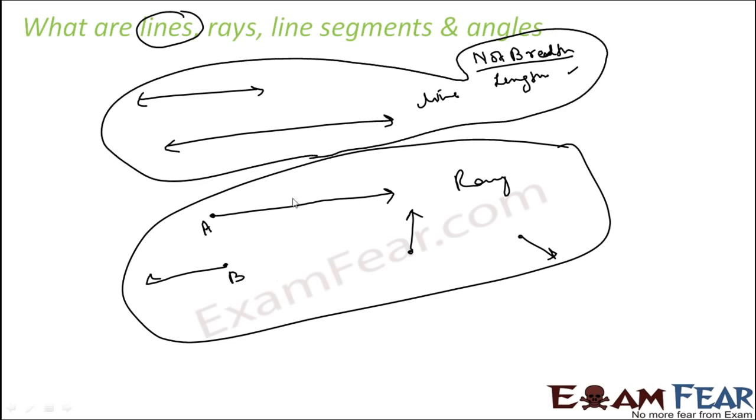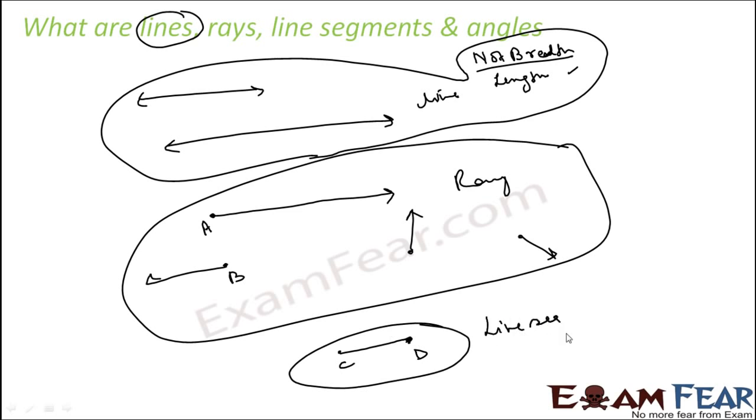If you fix both the ends, you get a line segment. For example, you fix these two ends and call them CD, this is a line segment. Here both ends are fixed.